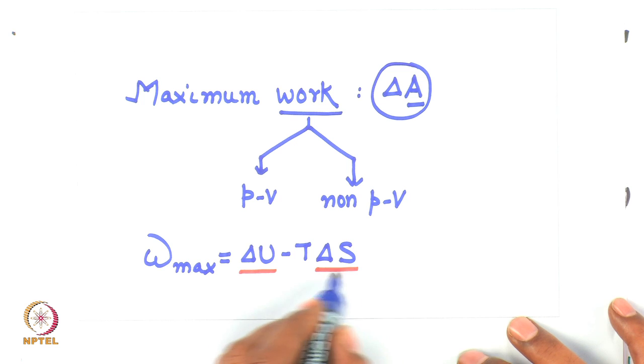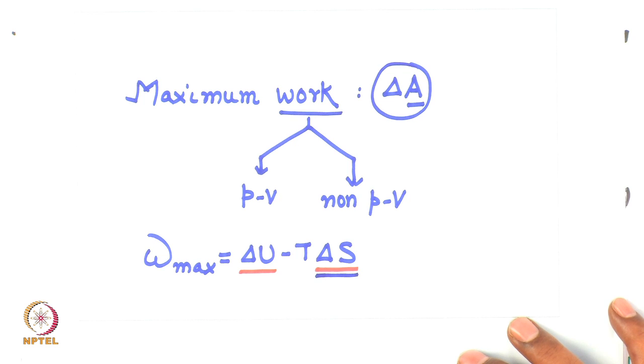So, whatever is the change in delta U, is all that change available for doing work? Let us discuss that. That will depend upon two factors, because the change in entropy can be positive and the change in entropy can be negative.